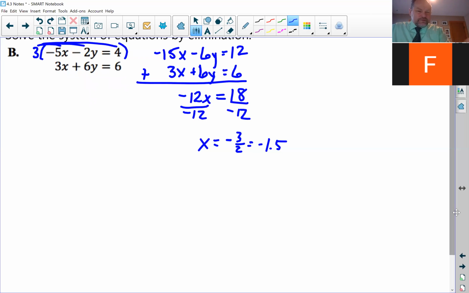So now I'm going to plug that negative 1.5 into one of my two equations. I don't know, I think I'm going to use the top equation. So I have negative 5 times negative 1.5 minus 2 times y equals 4.